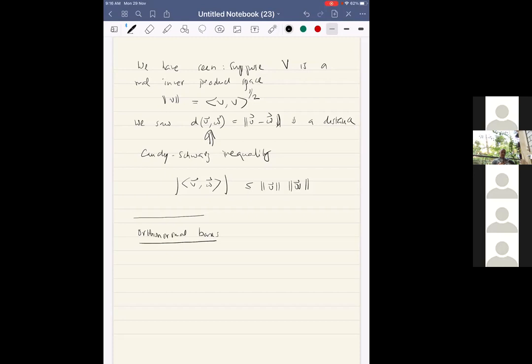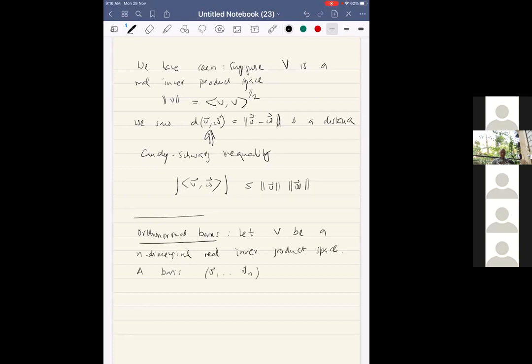So here is the definition. Let V be an n-dimensional real inner product space.